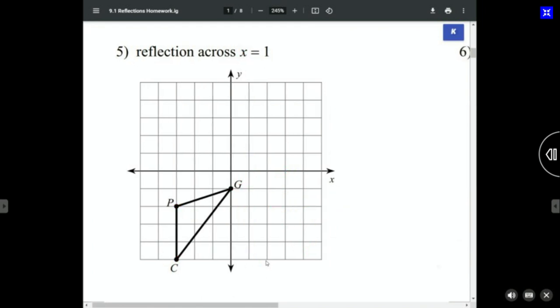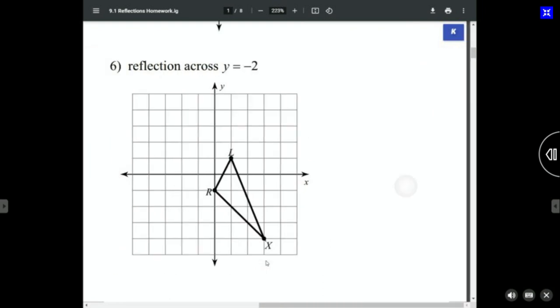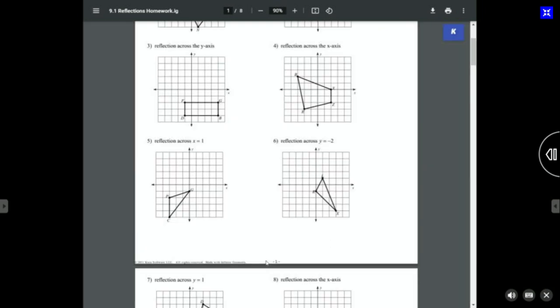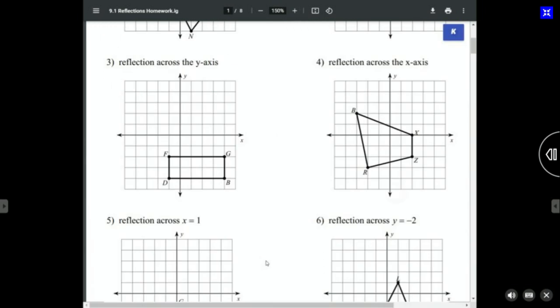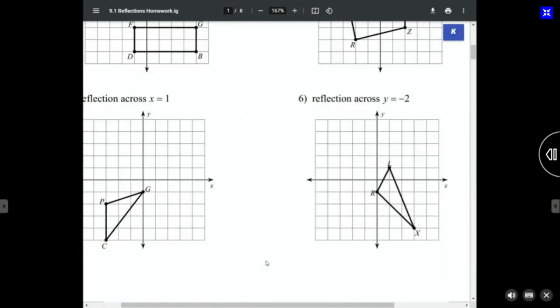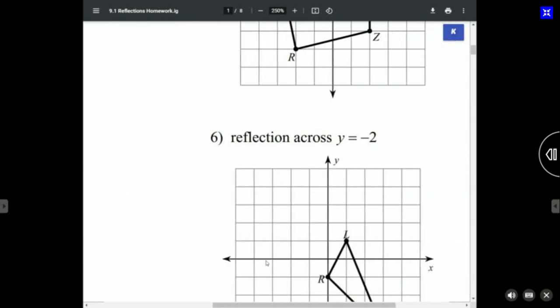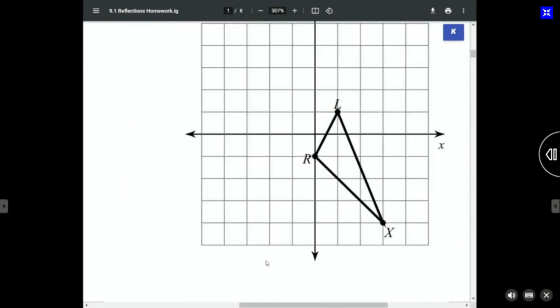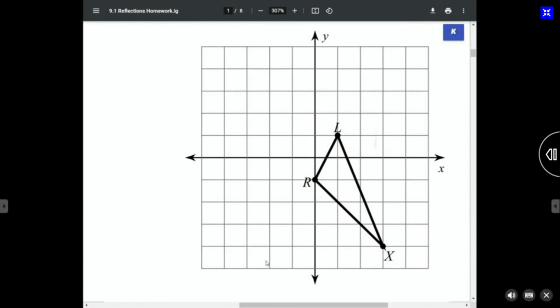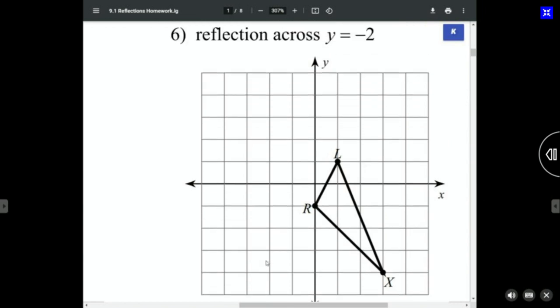Let's look at 6. Whoa. Where does y equal negative 2 at? Find y equal negative 2 for me on your paper. When you have that point, draw a line through it.